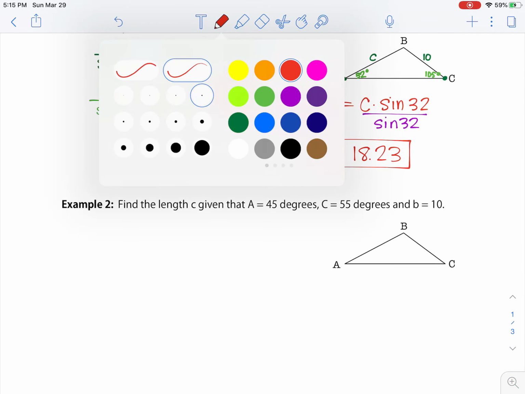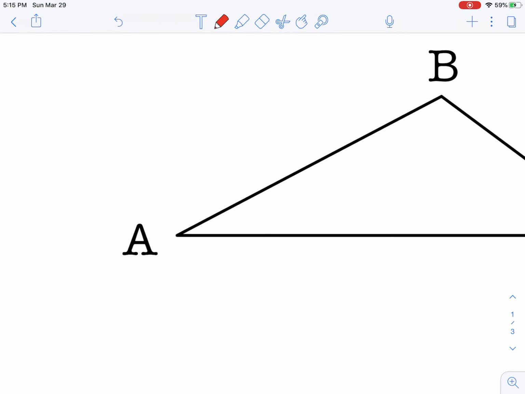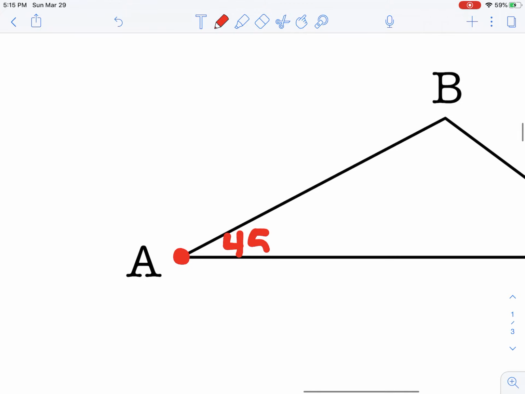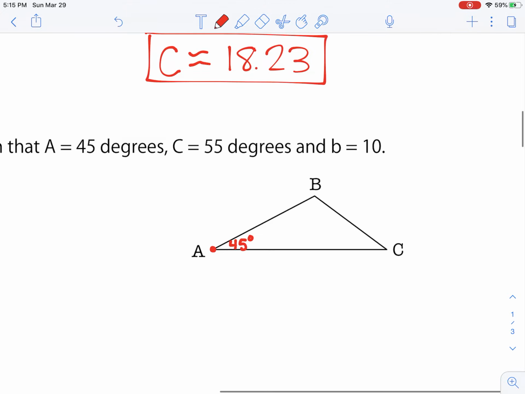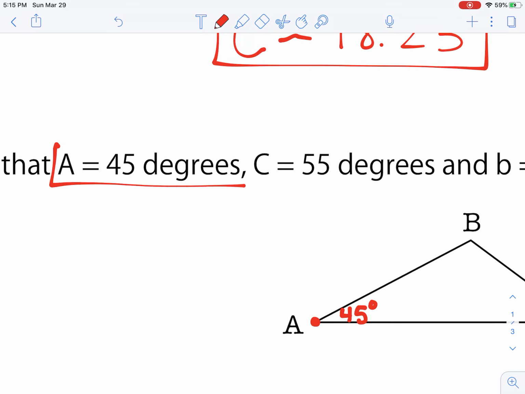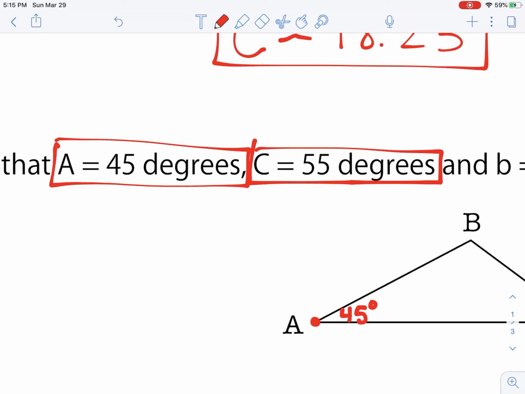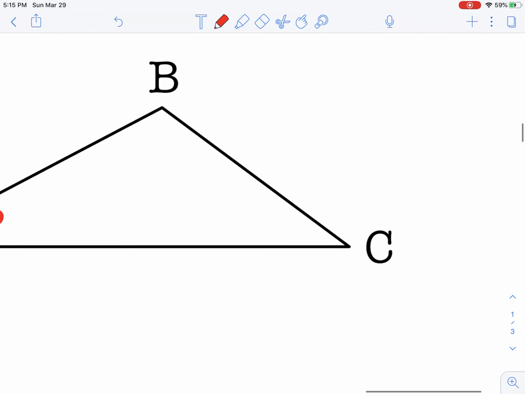So I'm going to start by labeling my triangle. Again, we are given angle A, which is 45 degrees. So that's an angle. Also given angle C, which is 55 degrees.